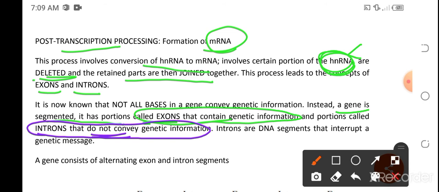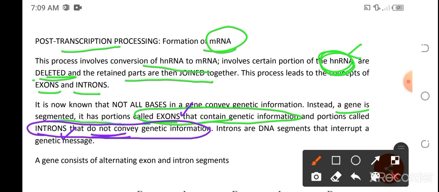Kasi nga, hnRNA is a heterogeneous molecule, so hindi siya uniform all throughout. May mga exons na nagko-contain ng genetic informations, pero meron ding mga introns na walang genetic information.